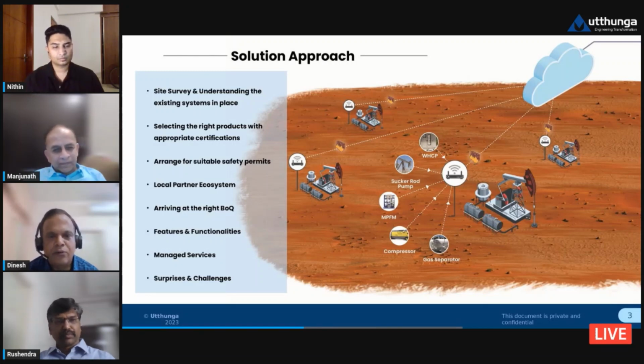In this case, what we did was on a 4G. And we know that these types of fields will have some uncertainty or issues with the communication, but definitely those things were kept in consideration when we had to choose the right technology for connecting the data from the edge to the cloud.